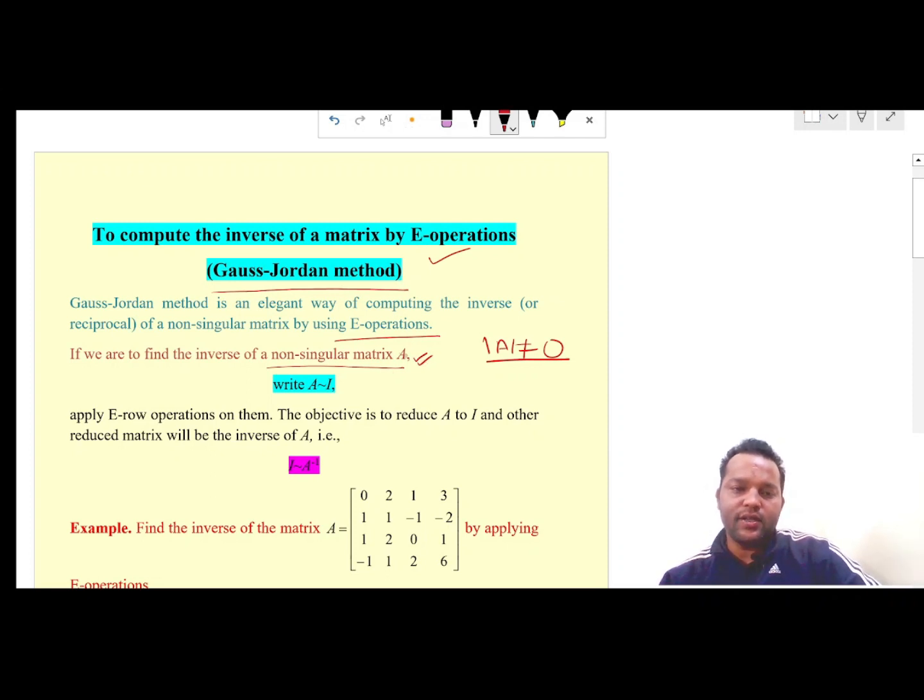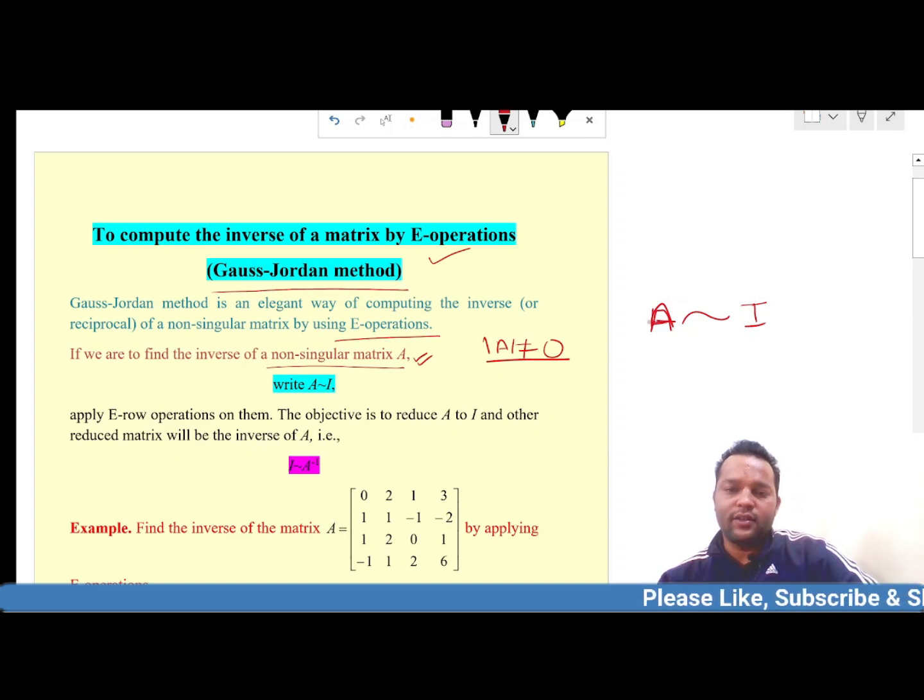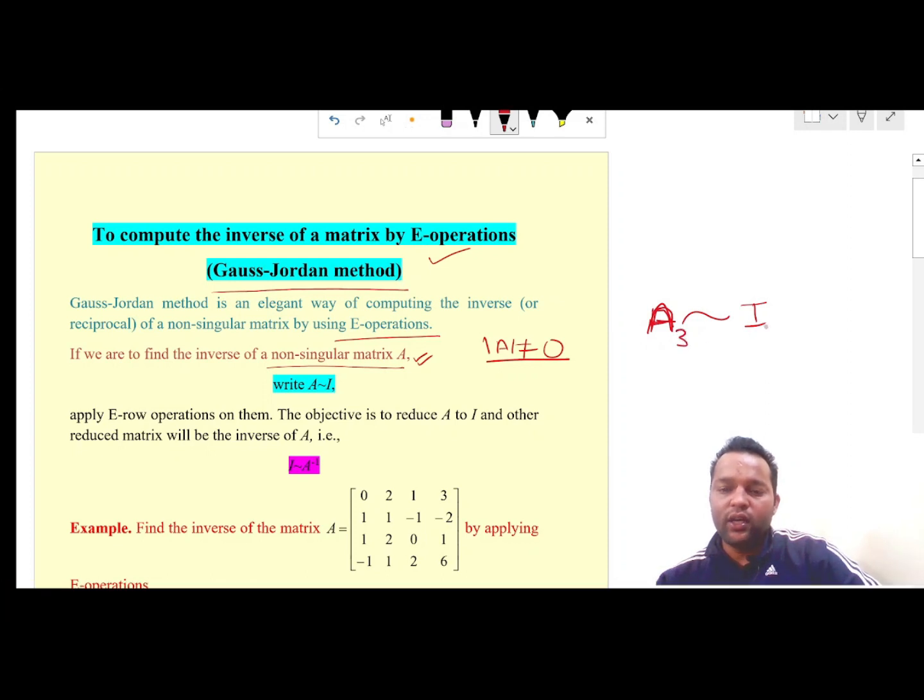If the given matrix is invertible, then in the Gauss-Jordan method, the first step is to write the given matrix A equivalent to the identity matrix of the same order as the order of A. That is, suppose matrix A is of order 3, then we write this given matrix A equivalent to the identity matrix of order 3.